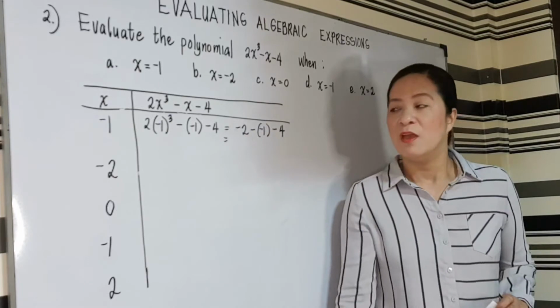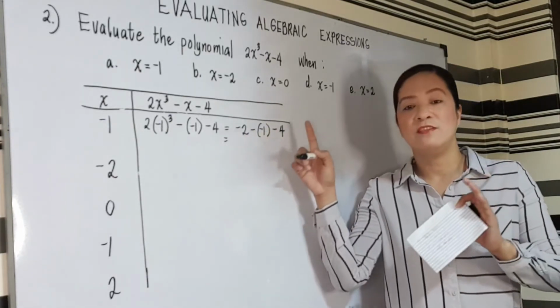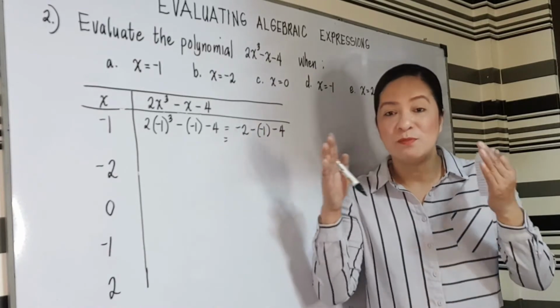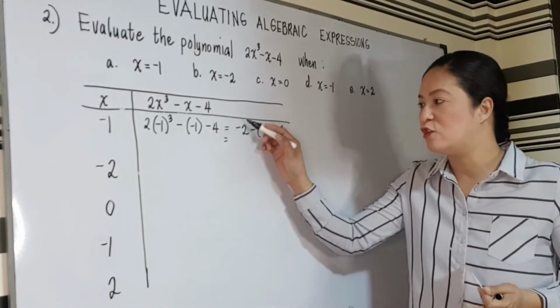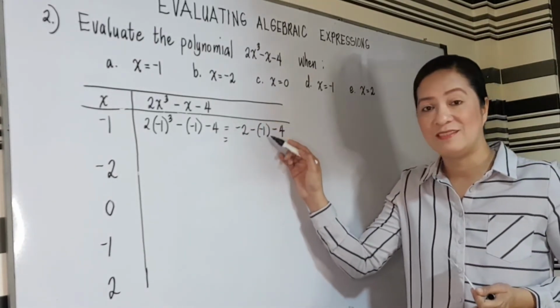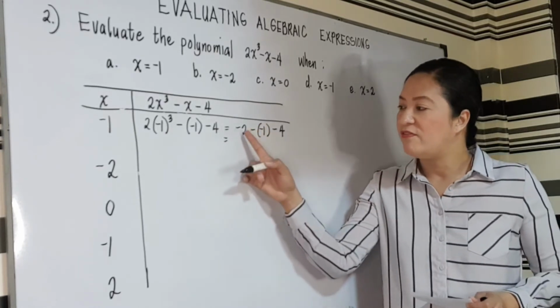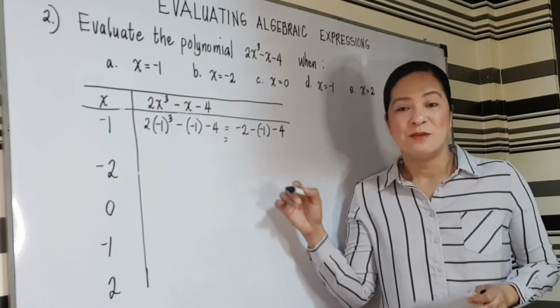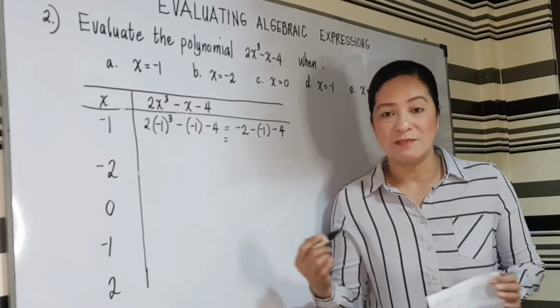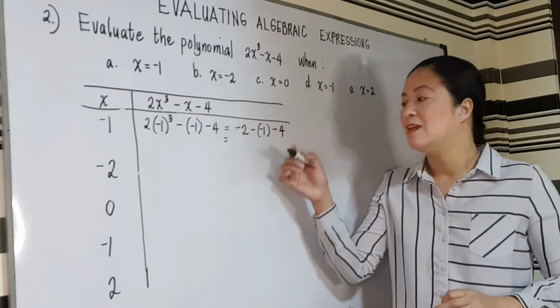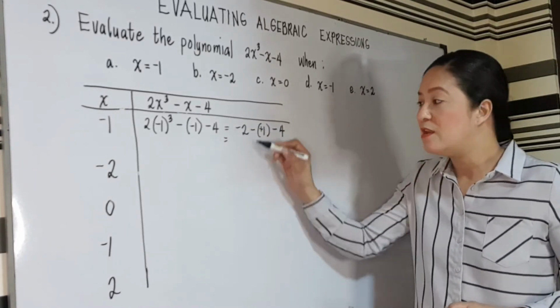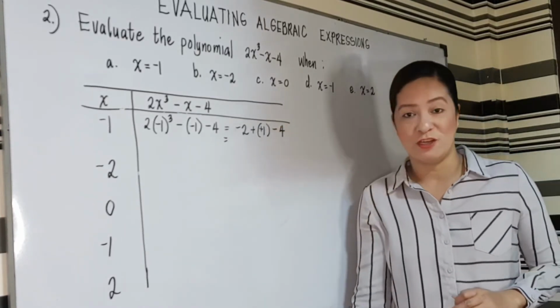Now, we have two subtractions here. We have two minus signs. So, let us perform the first operation, yung una dito na minus. So, we have negative 2 minus negative 1 first. Remember, our rule for subtracting is you are going to change the sign of the subtrahend, then proceed to addition.